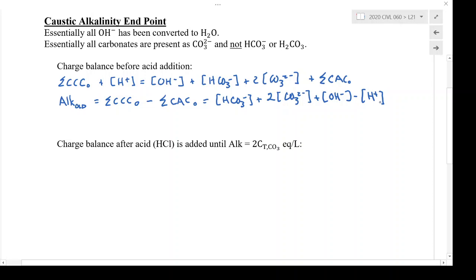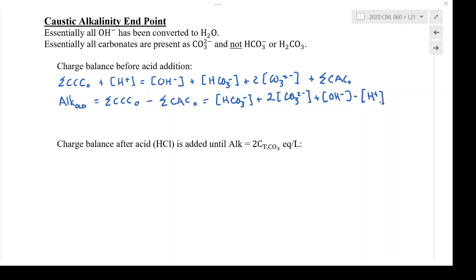Next, I'm going to add acid until the alkalinity reaches 2 CtCO3 equivalent of acid neutralizing capacity, which is what's needed to go all the way from carbonate to bicarbonate, and then all the way from bicarbonate to carbonic acid.